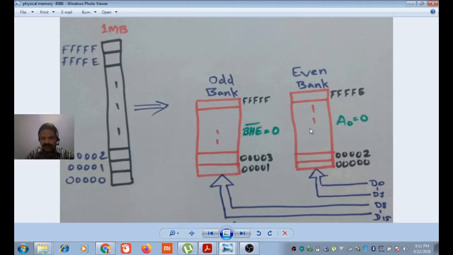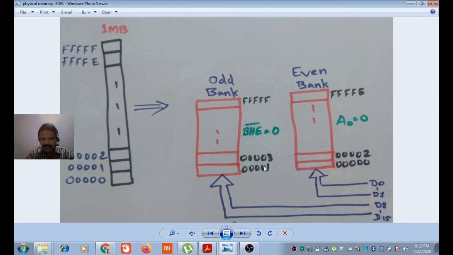When the microprocessor wants to read or write something to an even address memory location or device, it should make A0 equal to 0 and BHE bar equal to 1. The data from even address memory locations or IO devices flow through the lines D0 to D7.